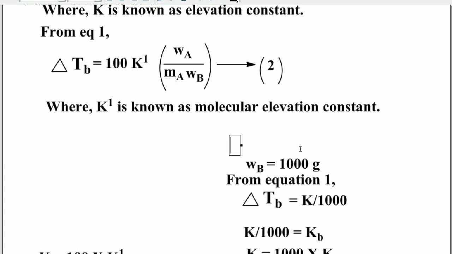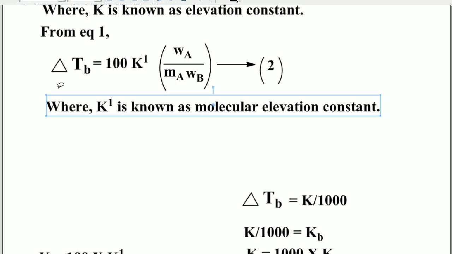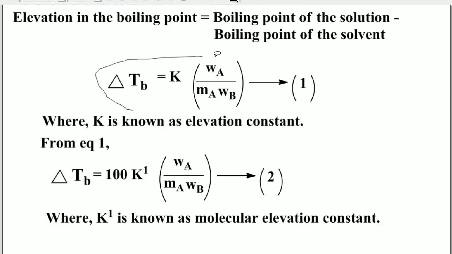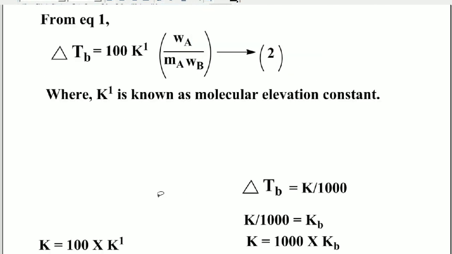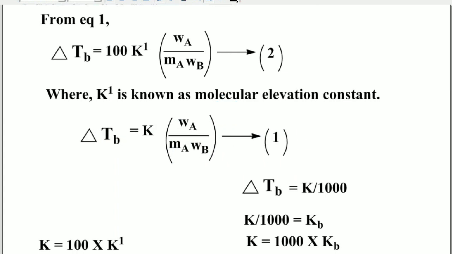Similarly, from equation 1, delta Tb is equal to K into Wa by Ma. In place of K, from case 3, we can write delta Tb is equal to 1000 into Kb into Wa by Ma into Wb.